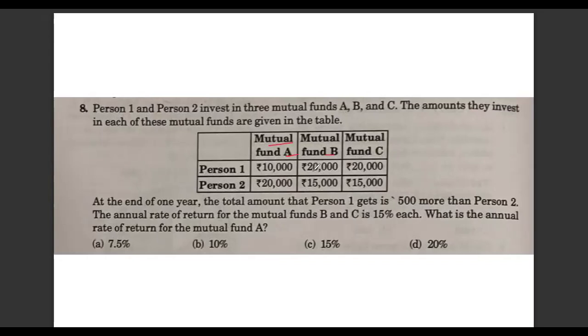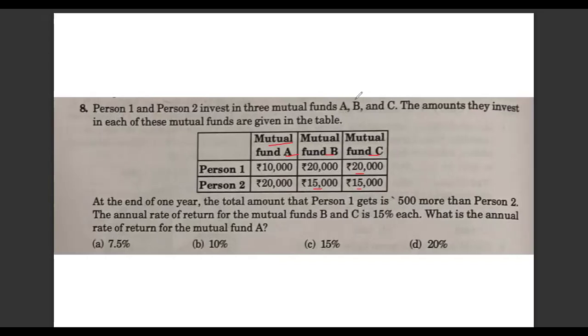In the case of B, 20,000 and 15,000 for person 1 and 2 respectively, and 10,000 and 15,000 respectively for person 1 and 2 in mutual fund C. At the end of 1 year, the total amount that person 1 gets is 500 more than that of person 2. The annual rate of return for the mutual funds B and C is 15% each. What is the annual rate of return for the mutual fund A?